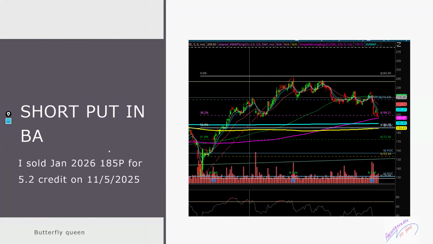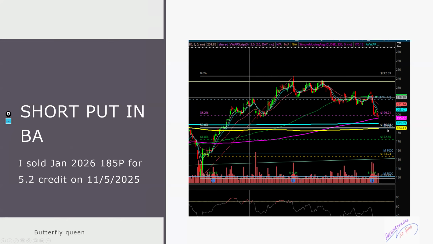So, for example, this is another trade I sold. Boeing has been slowly coming down. It came to the 200-day moving average. This was taken two days ago or yesterday, I think. And this is my anchored VWAP at 189.